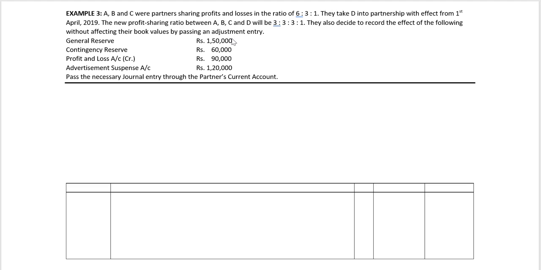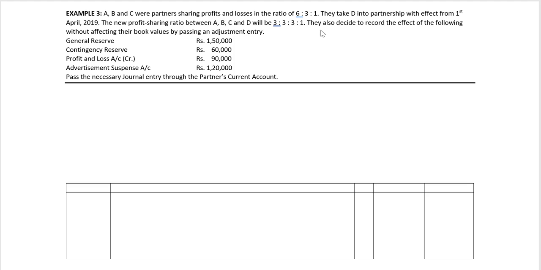General reserve rupees 1,50,000, contingency reserve rupees 60,000, profit and loss account credit balance rupees 90,000, advertisement suspense account rupees 1,20,000. We are asked to pass the necessary journal entry through the partners' current account.